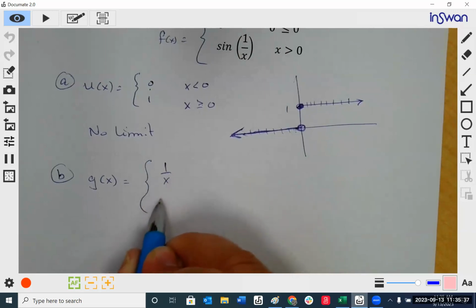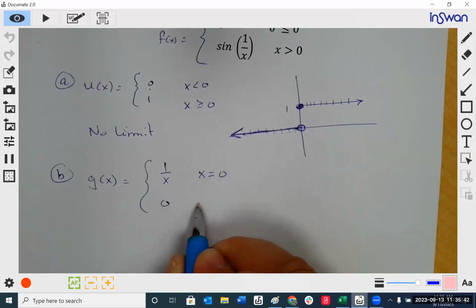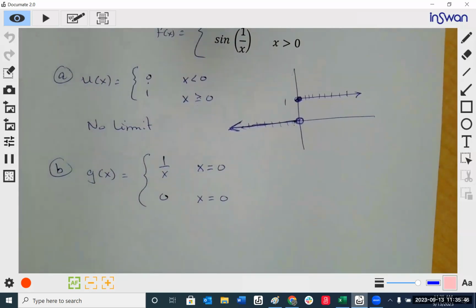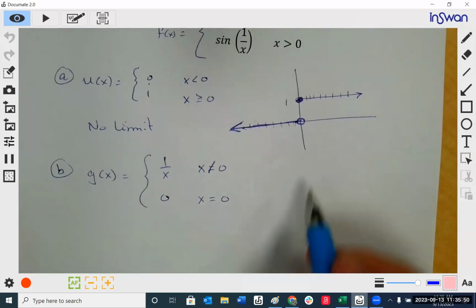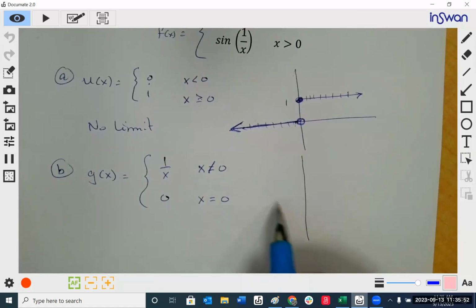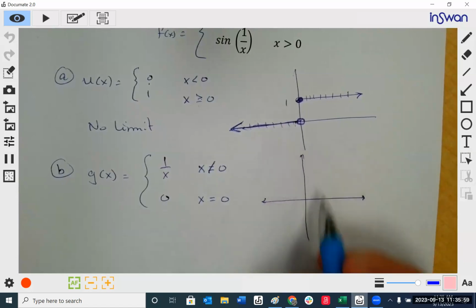The next one is one over X when X is not equal to 0, and 0 when X equals 0. Let's go review algebra again. So when X equals 0, it's 0.